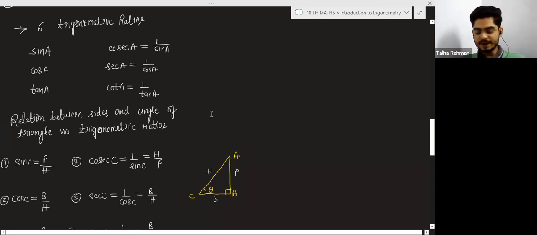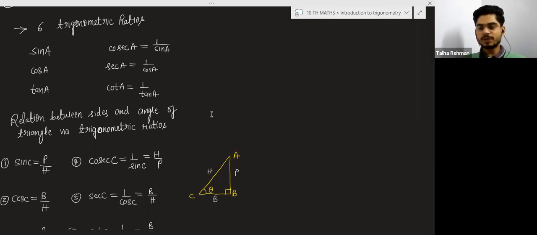What is right angle triangle, what is perpendicular, base and hypotenuse in a right angle triangle, what is Pythagoras theorem, what is sine of any angle, what is cos of any angle.